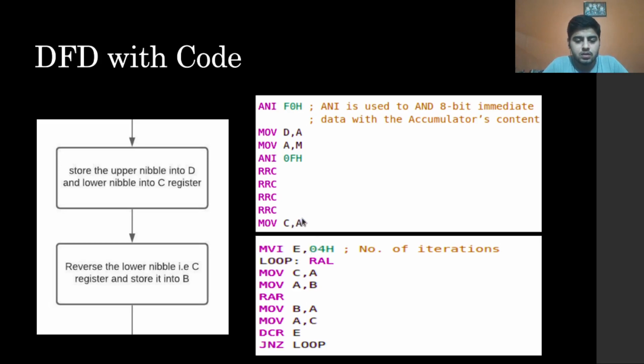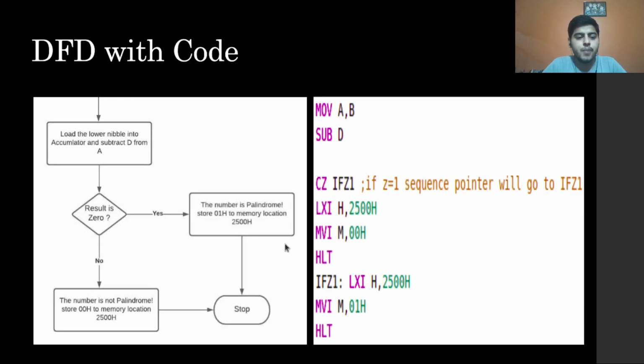After this operation, we will be reversing the lower nibble and storing it into B. We have already discussed how we'll be reversing. We have understood all the procedures, and we have also understood the code. So let's move ahead. Now after that, we have to load the lower nibble into the accumulator and subtract D from A.